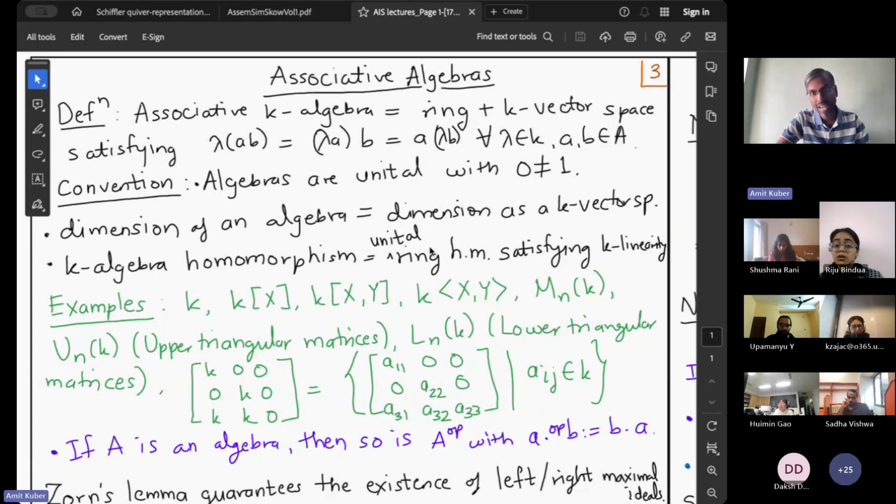So let us do some simple thing. Which ones are infinite dimensional amongst these? Can you please tell me? Which ones are infinite dimensional algebras? Kx, Kxy, Kxy generated by xy.